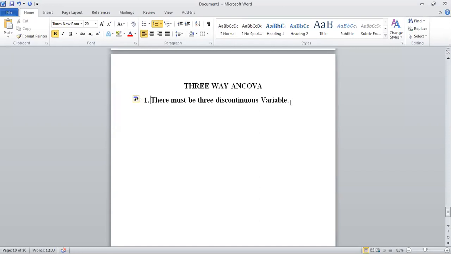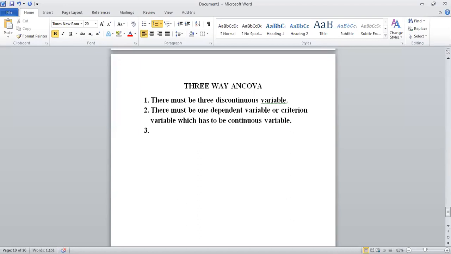And the next is that there must be one dependent variable or criterion variable, which has to be a continuous variable.